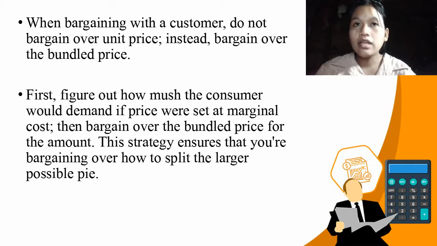This example illustrates a very important lesson for pricing: when bargaining with a customer, do not bargain over unit price. Instead, bargain over the bundle price. First, figure out how much the consumer would demand if the price were set at marginal cost. Then bargain over the bundle price for that amount. This strategy ensures that you're bargaining over how to split the largest possible pie.